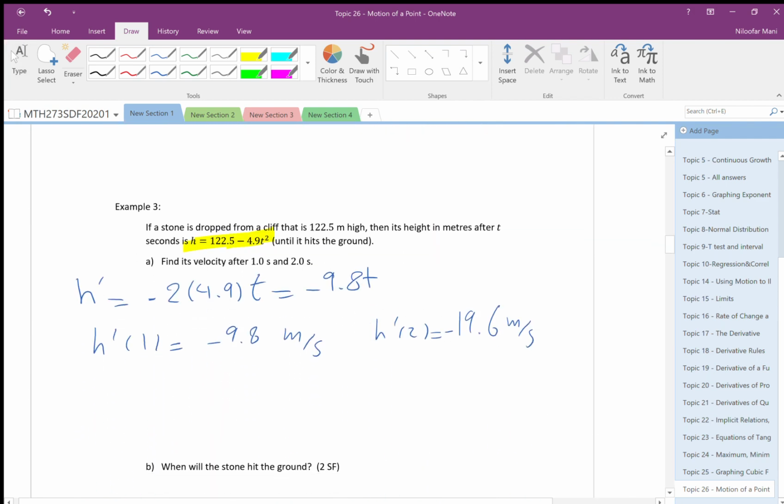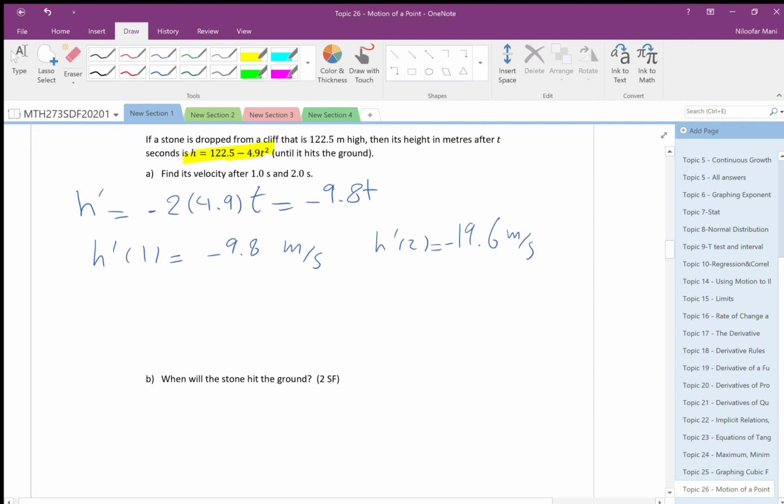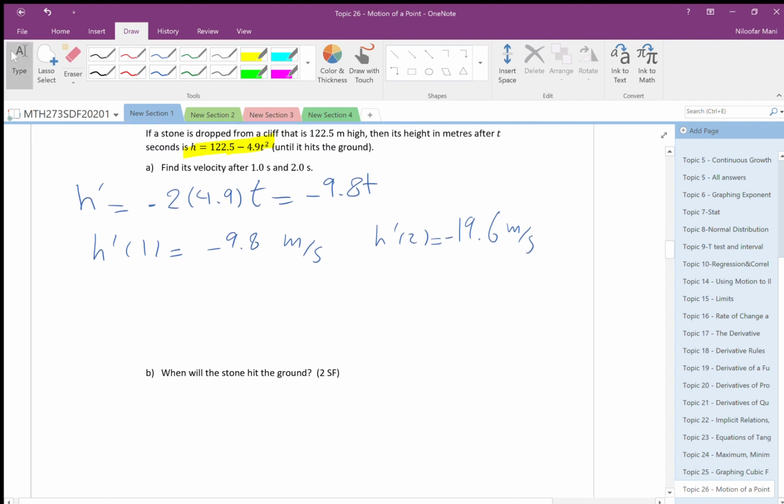Now it says when the stone hits the ground. So what does this mean? What is h? h is height in meters. When it hits the ground, the height is 0. So I put h equals 0, which is 122.5 minus 4.9 t squared, and I can find the answer.